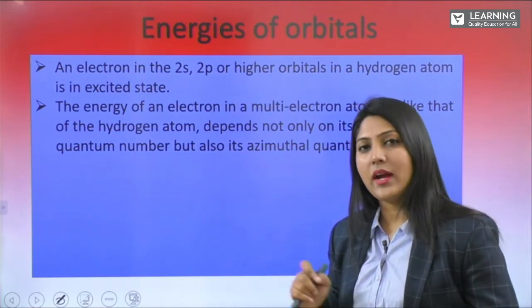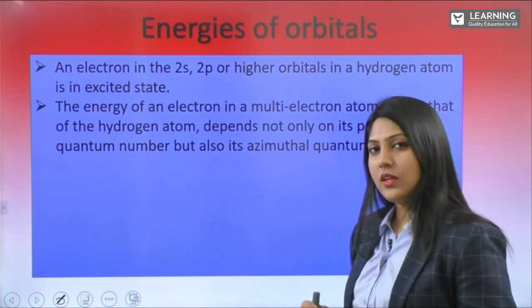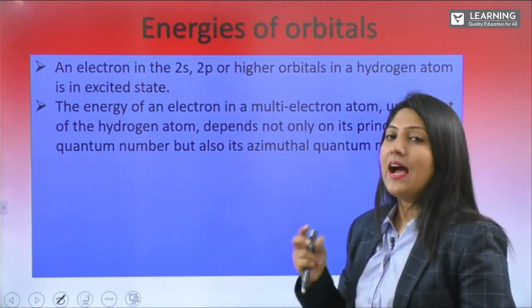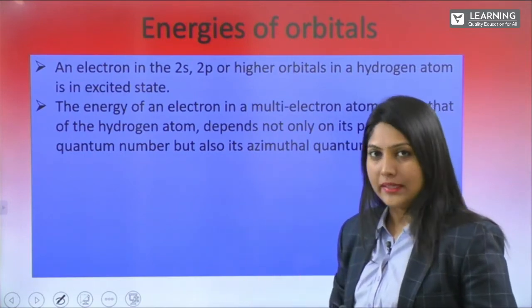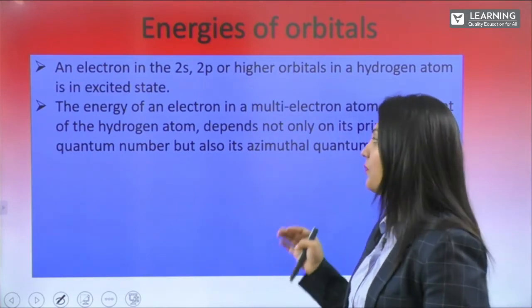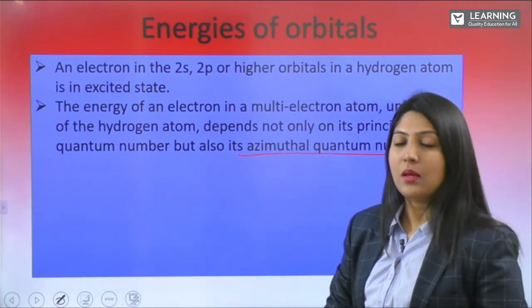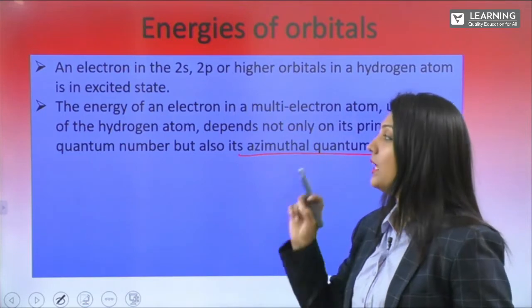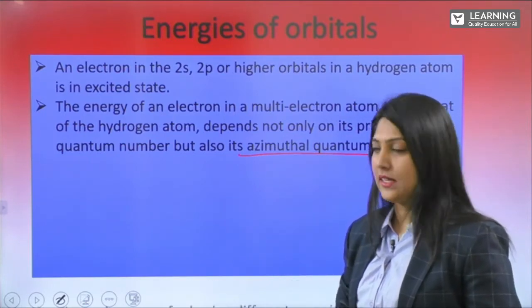What do you mean by azimuthal quantum number? It gives you the orbital. As we know, the azimuthal quantum number says whether it is an s, p, d or f orbital. So this azimuthal quantum number plays an important role in defining the energy of an electron in a multi-electron atom.